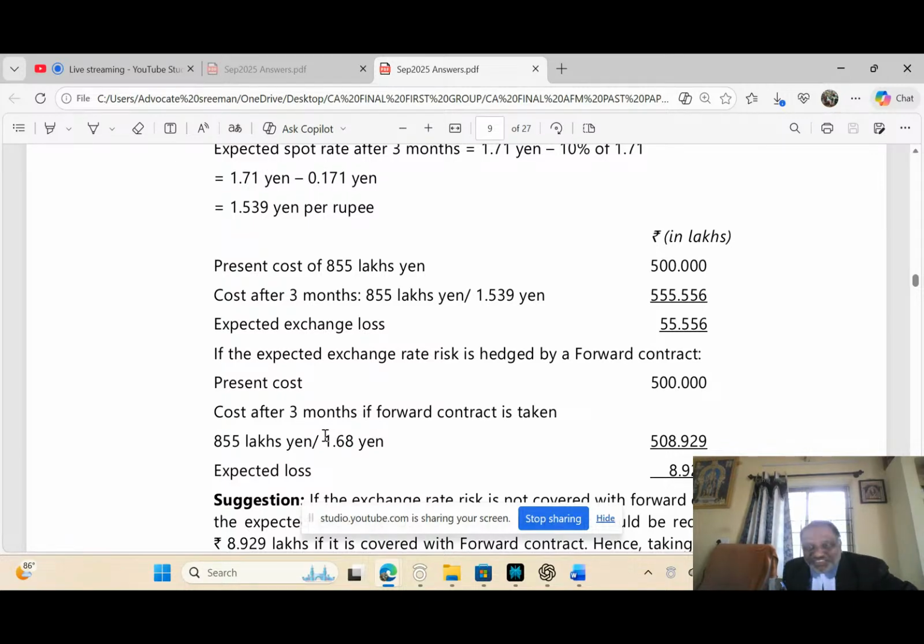Present cost of 855 lakh yen is equal to 500 lakhs.